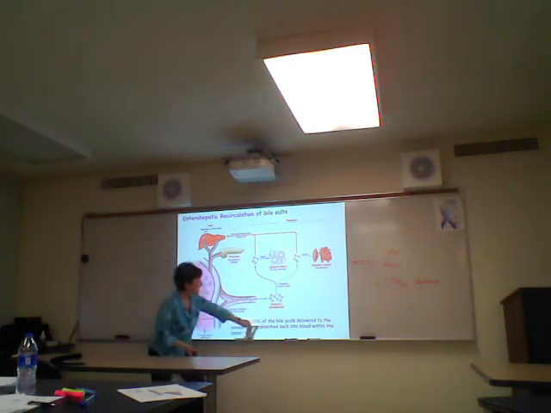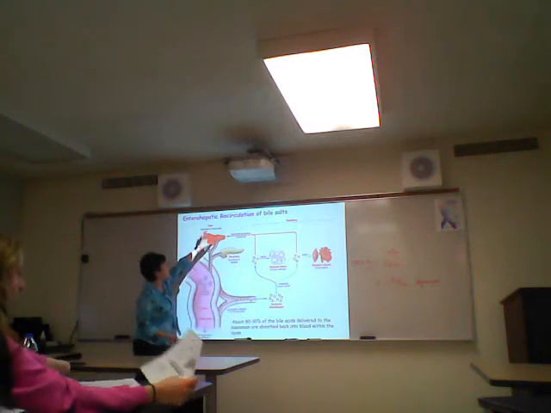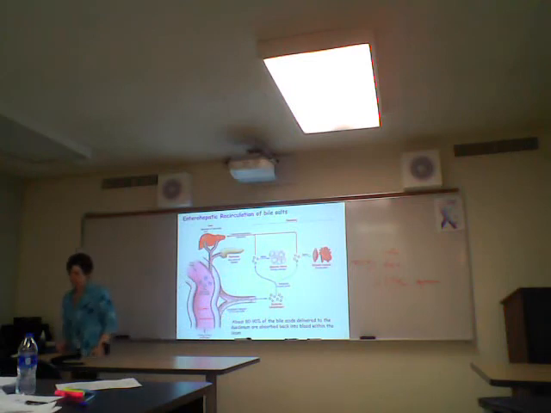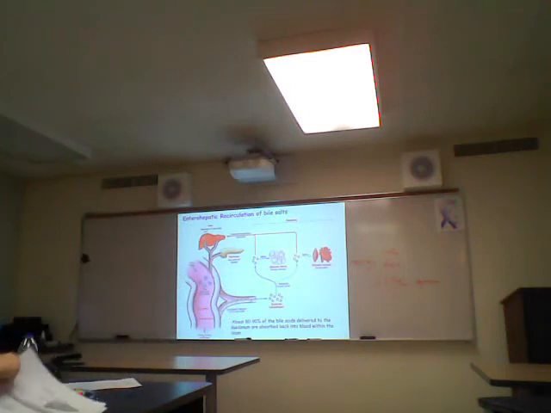But about 90% of these bile acids that get produced from the liver will be recycled. So you'd have to eat a whole lot of cholesterol if you could excrete all of those.